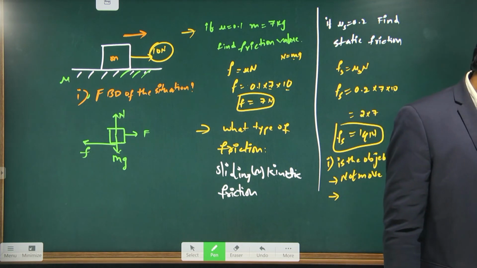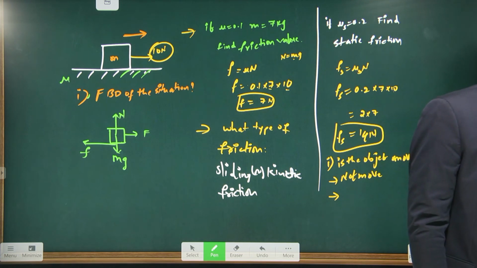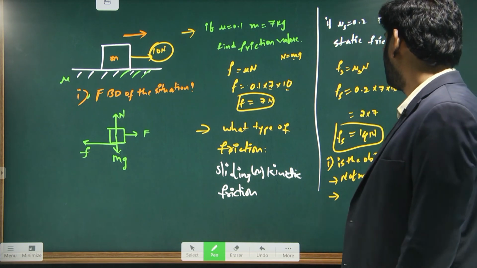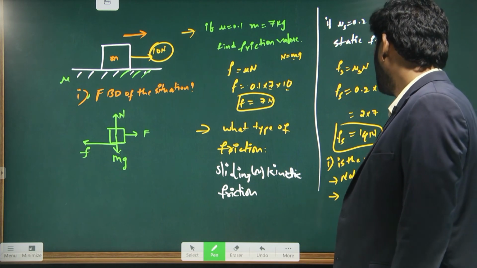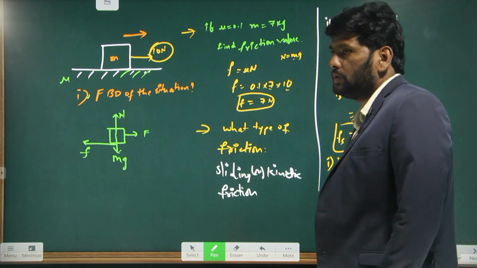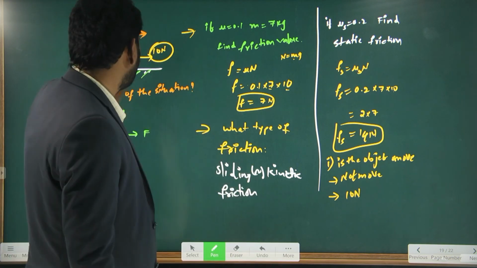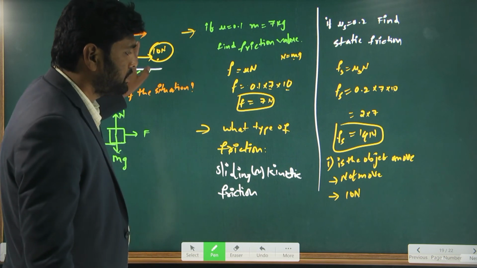When it does not move, how much is the value of friction? The value of friction is adjusted to how many newtons? Not 14 Newton, but 10 Newton, because in this case the friction is also adjusted to 10 Newtons.